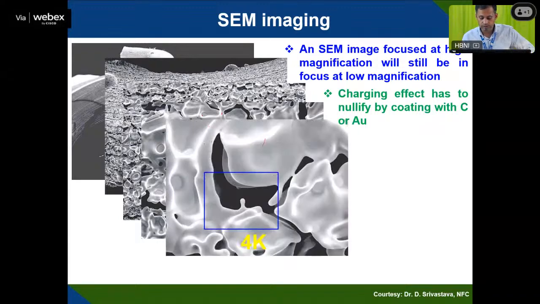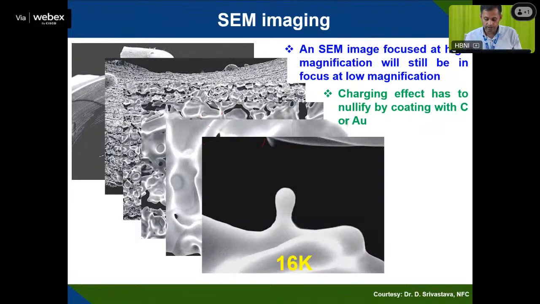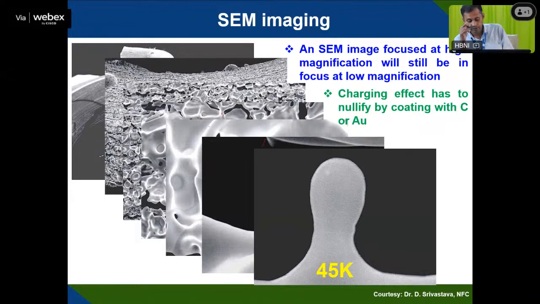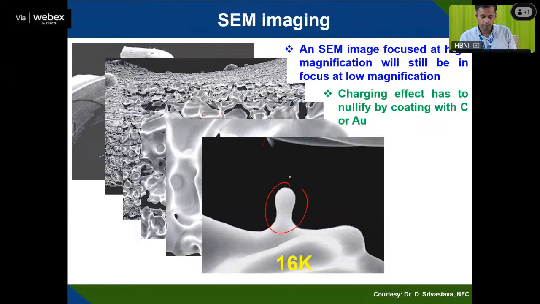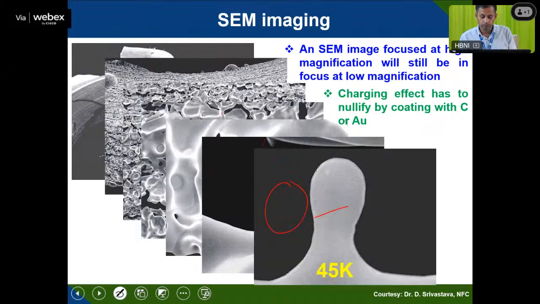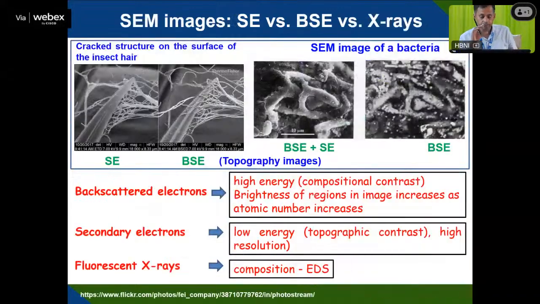If you go further, you can see how clearly the pore channels are visible, and at much higher magnification, at 16,000x or something, you can see how the growth is in this structure. At 45K, we are able to see the most clear image of this particular pore. That means by changing the magnification, you can get more and more information with better quality images.